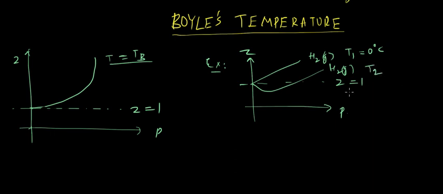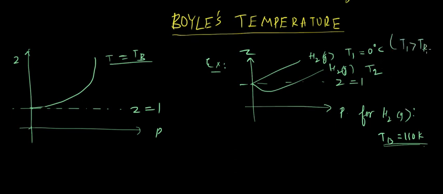We are not defining any range for T2, but we know that for hydrogen gas TB is equal to 110 Kelvin. So T1 is obviously greater than TB, and for this graph you have to tell what is the nature of T2.